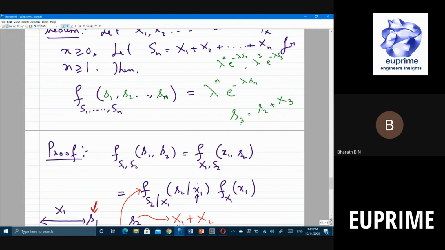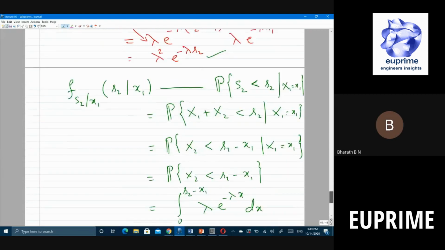So S3 conditioned on S2 and S1 is independent of S1. So where are we heading? It's Markov. Given the immediate past, it's independent of everything that happened much before.